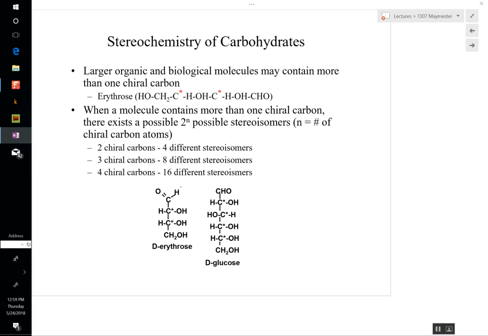Glucose has 6 carbons. So you start with glycerol, and that would be glycerol. But now you need 3 more carbons.